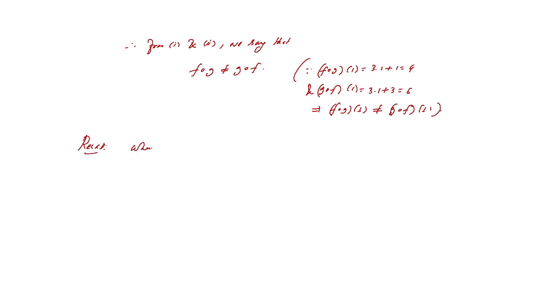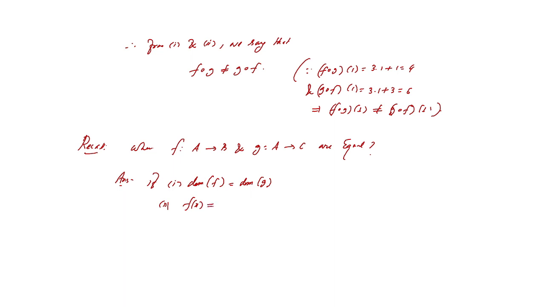Recall when the map f from A to B, say f is a mapping from A to B and g is a mapping from A to C. Now two maps f and g are equal if they satisfy the following conditions: one, domain of f equals domain of g, and two, image of f equals image of g, for all elements in A, so f(x) equals g(x).